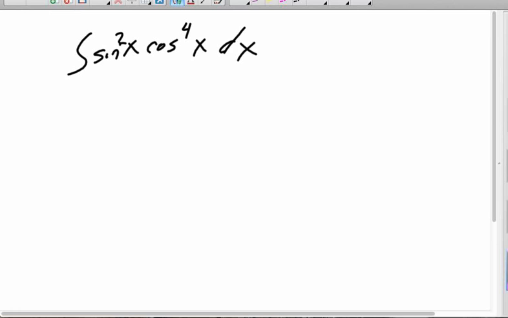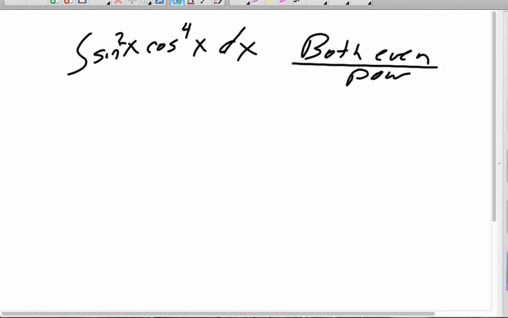So the way you attack these when they're either both even or both odd, but really especially when they're both even. If they're both odd, try continuing what we did before. We had one of them as an odd power. But if they're both even powers, then you have to use the power reducing formulas, okay?